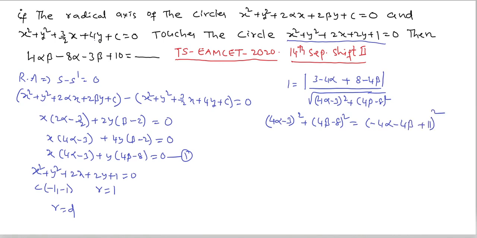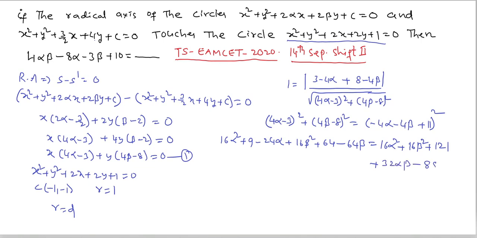4 alpha minus 3 whole square, that is 16 alpha square plus 9 minus 24 alpha, plus 16 beta square plus 64 minus 64 beta, is equal to 16 alpha square plus 16 beta square plus 11 square is 121, plus 32 alpha beta minus 88 alpha minus 88 beta.